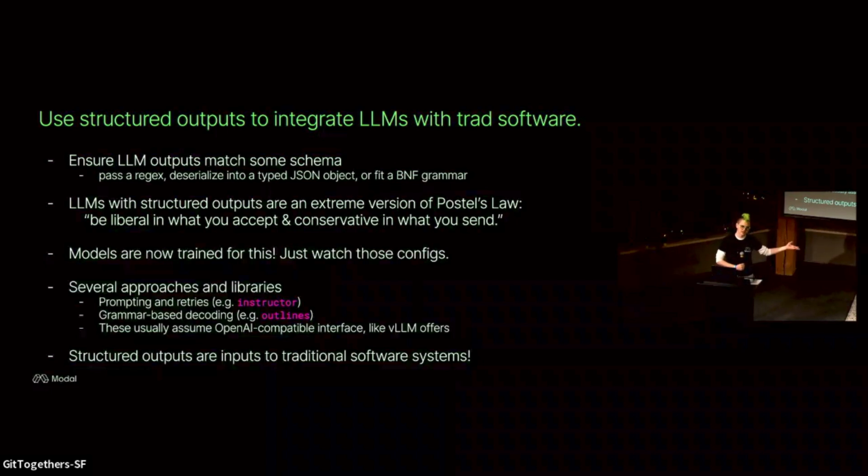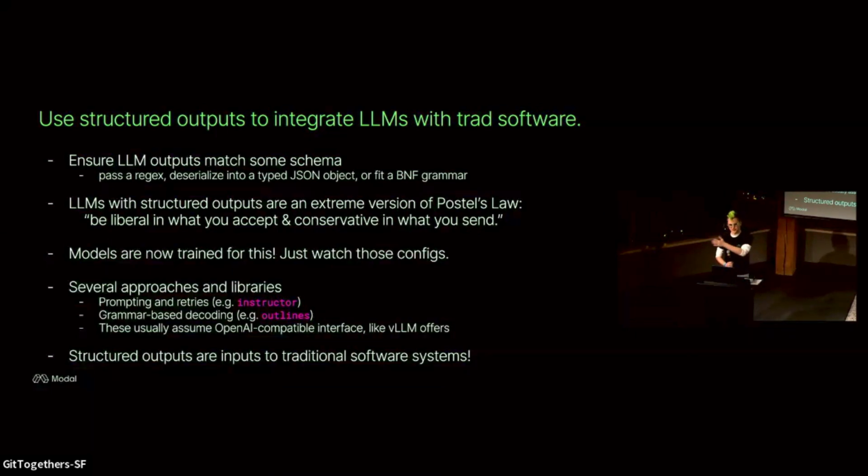And now they behave a lot more like traditional software outputs. And traditional software outputs make good traditional software inputs. So this is the layer in between the floating point chaos and the unstructured Unicode sequences that go in and out of LLMs and the pristine software elsewhere.